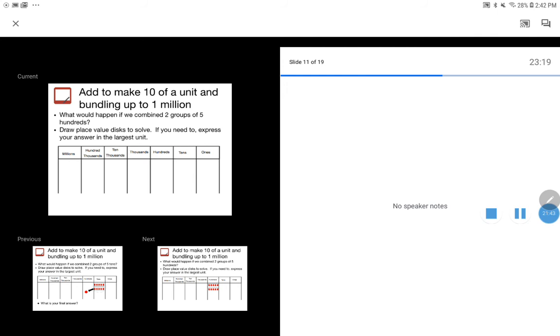So we saw what happened when we combined 2 groups of 5 tens. Let's do the same thing with 2 groups of 500s. If I had 2 groups with 5 in the hundreds place value, what would happen?